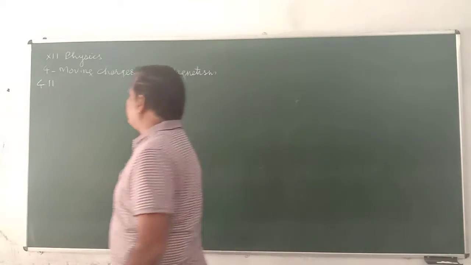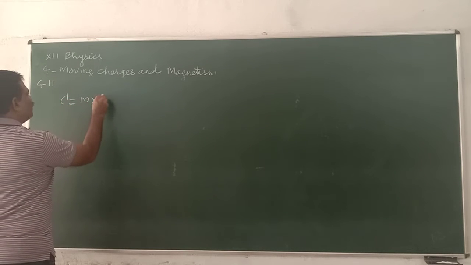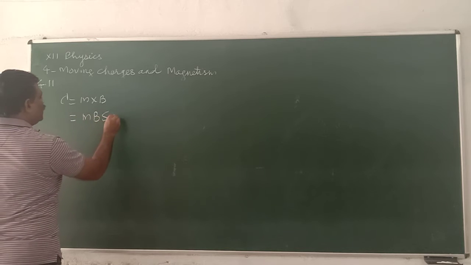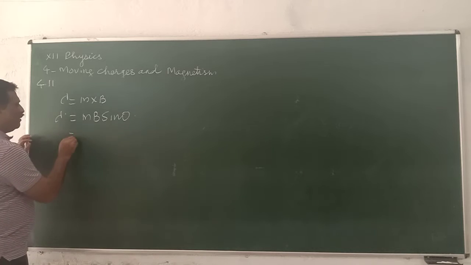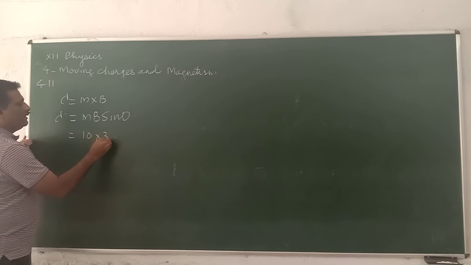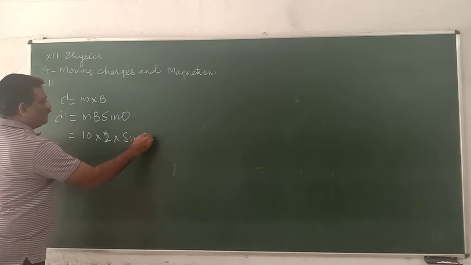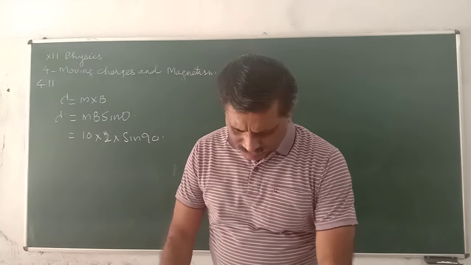Now torque is equal to M cross B, which is equal to MB sine theta. We all know M is equal to 10, B is equal to 2 Tesla, and sine 90, because it has rotated through 90 degree.